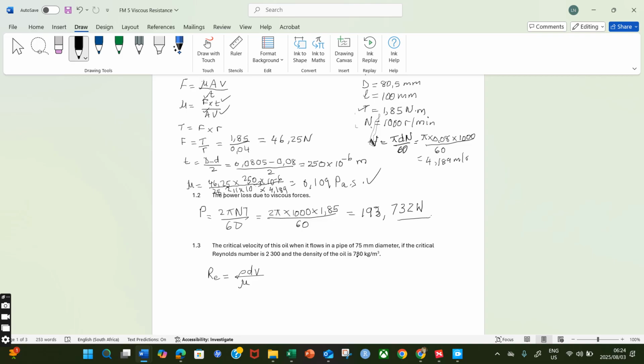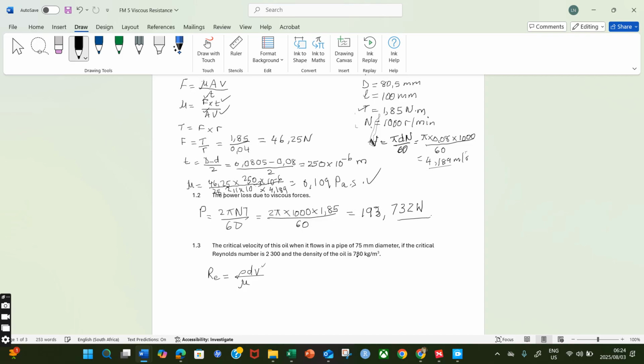What we are looking for is the critical speed. It's not the same speed as the one we've calculated there, because this is the peripheral velocity of the shaft when the shaft is rotating. So if it was rolling on the ground, it would be moving at this speed.